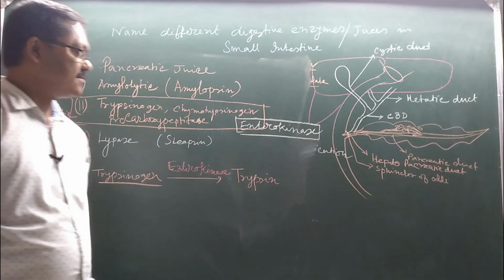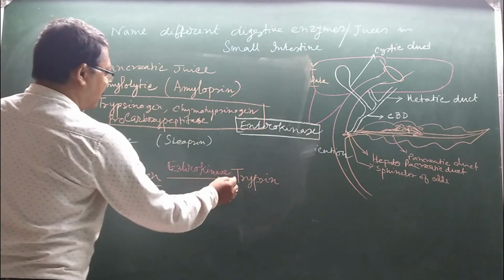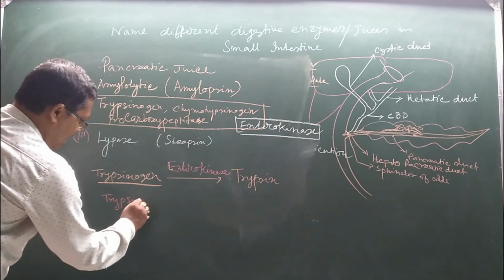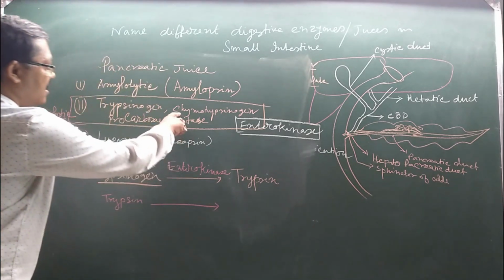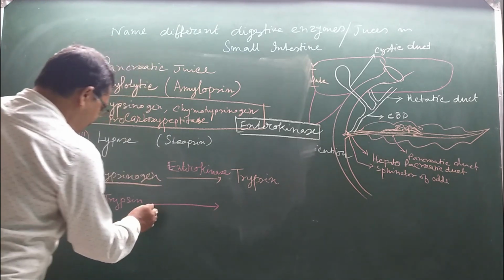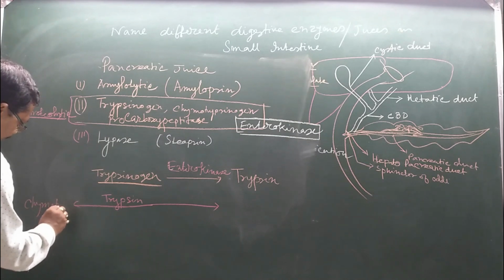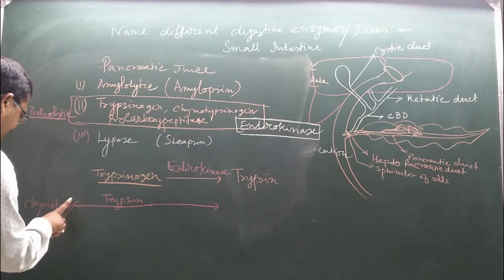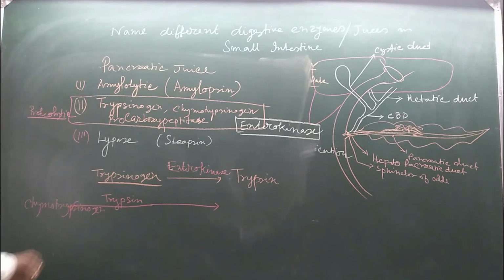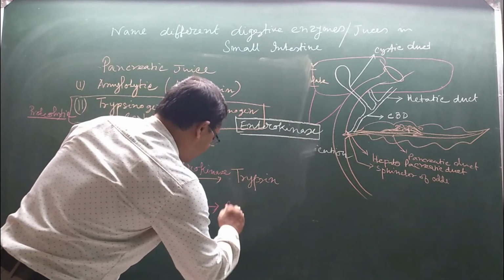When trypsin is activated, this trypsin acts on chymotrypsinogen, which by the action of trypsin is transformed into chymotrypsin.